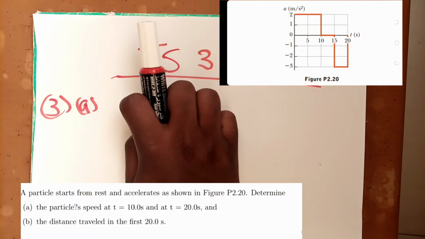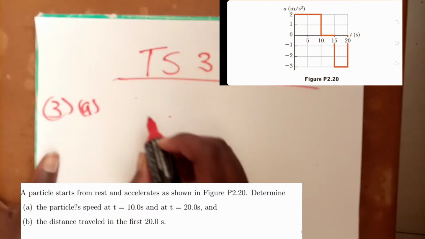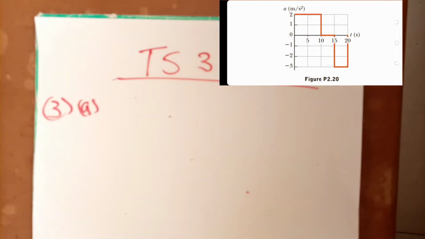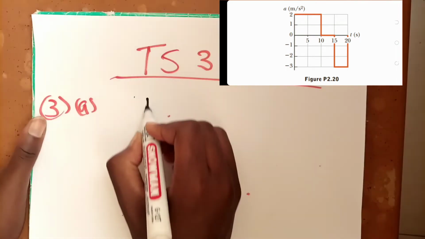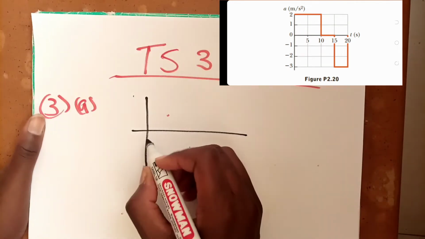So I'm sure you've seen the figure, but let me just redraw it so that we can refer to it in our calculations. We're being given a figure like this.